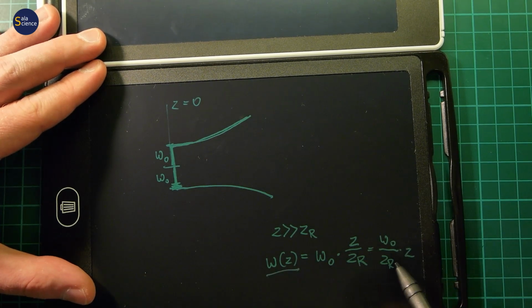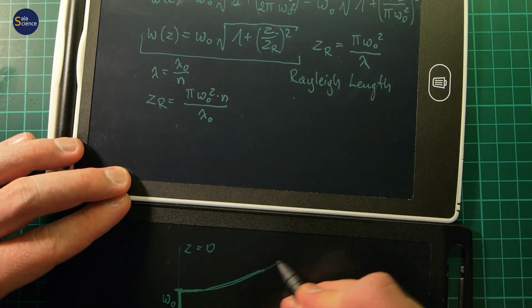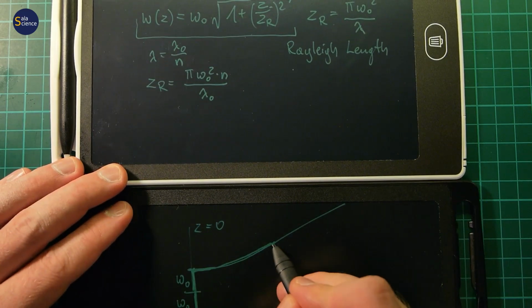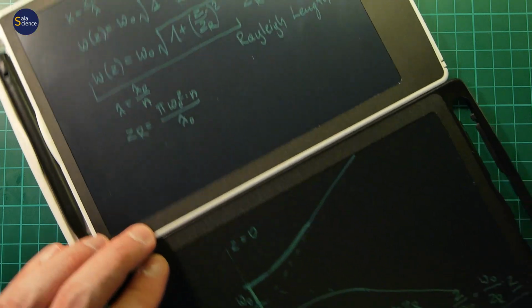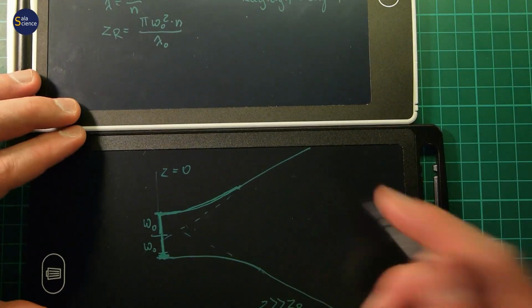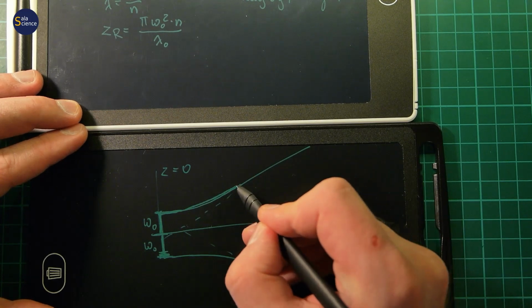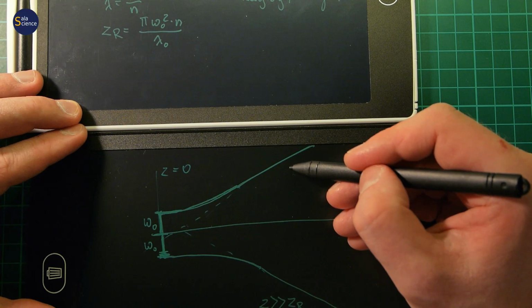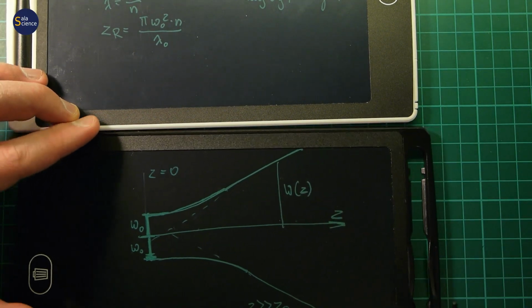So the width increases linearly with z. So at some distance, this should be a straight line, because as z increases, the width increases linearly. Here is some W of z.